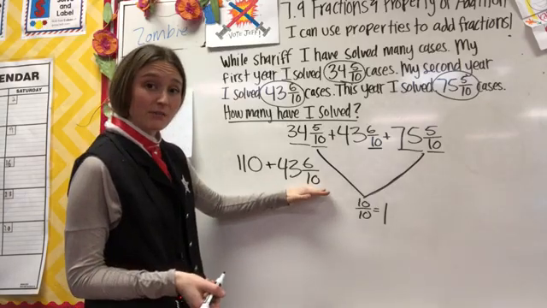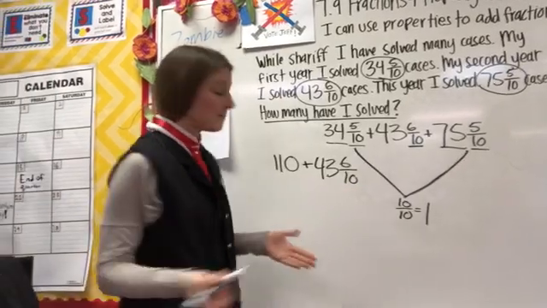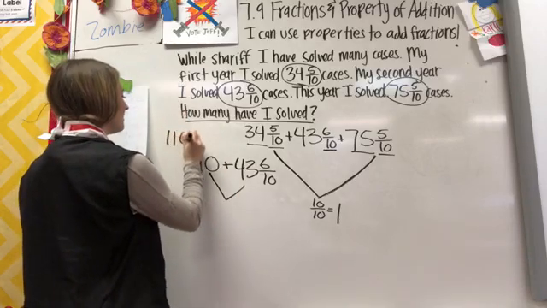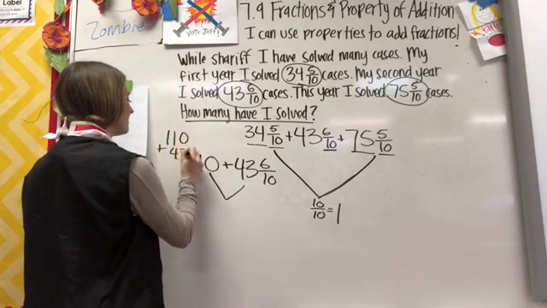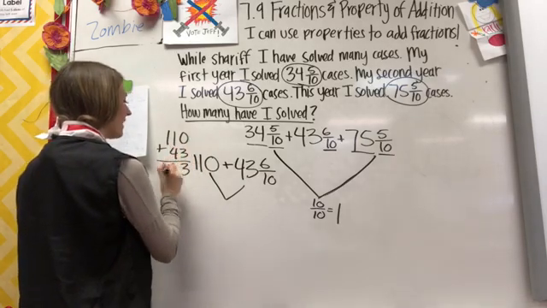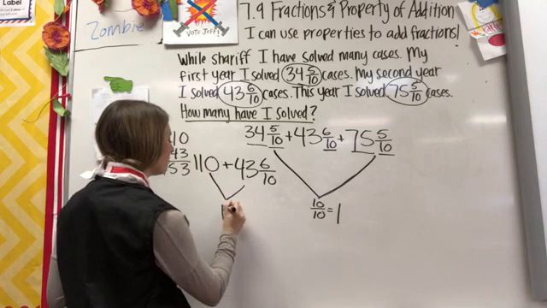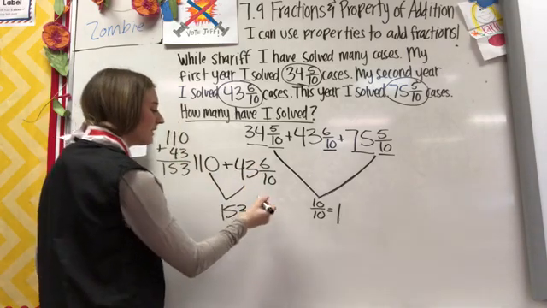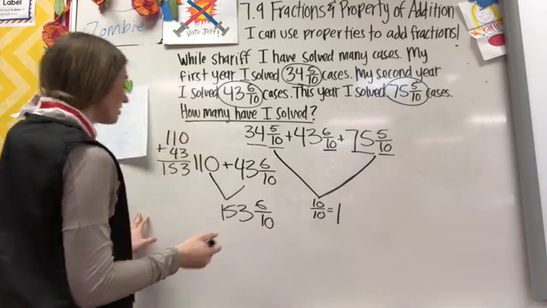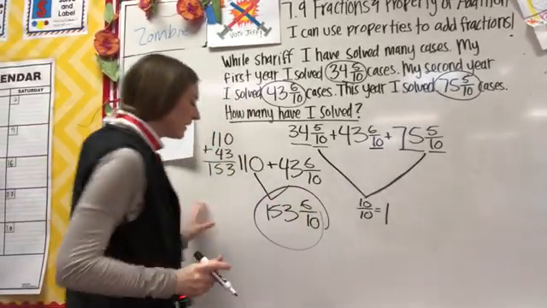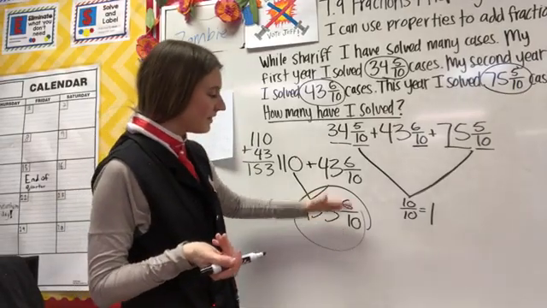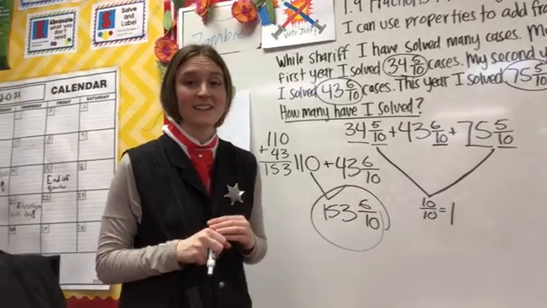Now it's nice because we only have one fraction, so we don't have to add any more fractions. All we have to do is add these whole numbers. So if we have 110 plus 43, 0 plus 3 is 3, 4 plus 1 is 5. We have 153 when we add the whole numbers. And then we just bring down that fraction, 6 over 10. So in total, in my career of being sheriff, I've gotten 153 and 6 out of 10 cases solved.